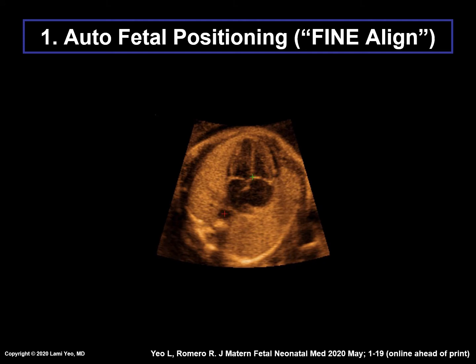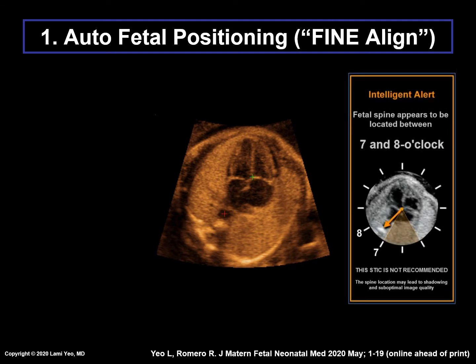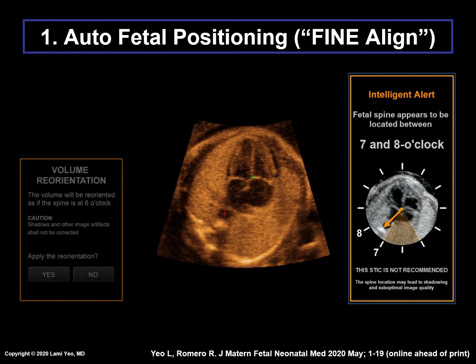Here is an example of how autofetal positioning works. This fetal spine is originally between 7 and 8 o'clock. After the crux has been marked, a spine location alert for 7 to 8 o'clock will therefore automatically appear. Next, a stick volume reorientation message appears on the screen, asking whether volume reorientation to a spine at 6 o'clock should occur.